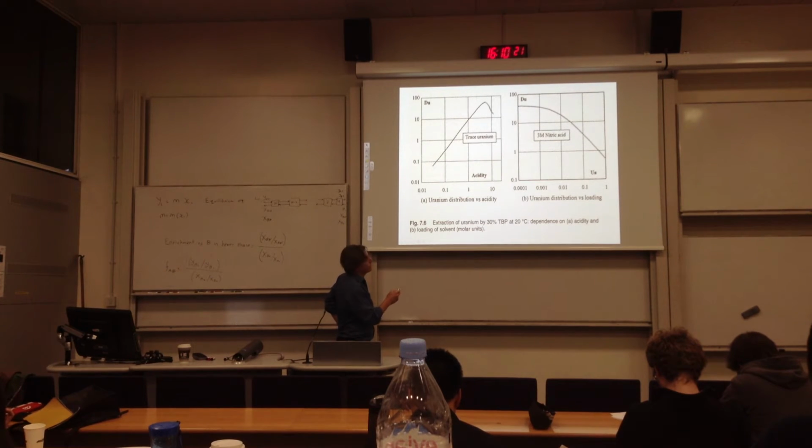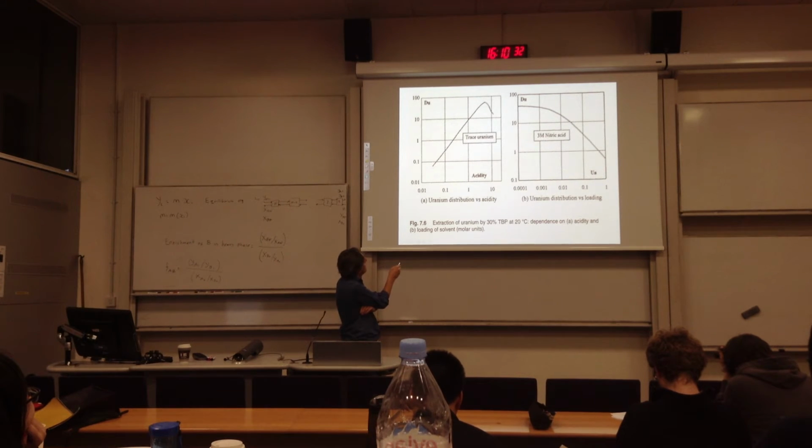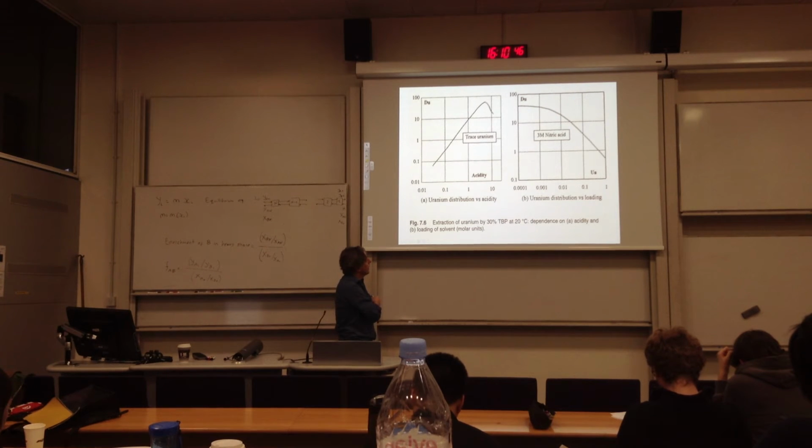This gives you the total number. This is basically M, which sometimes is called D for distribution coefficient. You can see here that the higher the acidity, the concentration of nitric acid, the higher the distribution coefficient, which means uranium will escape towards the kerosene phase.